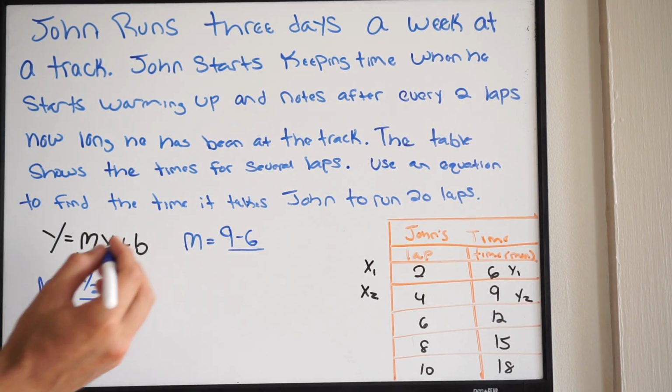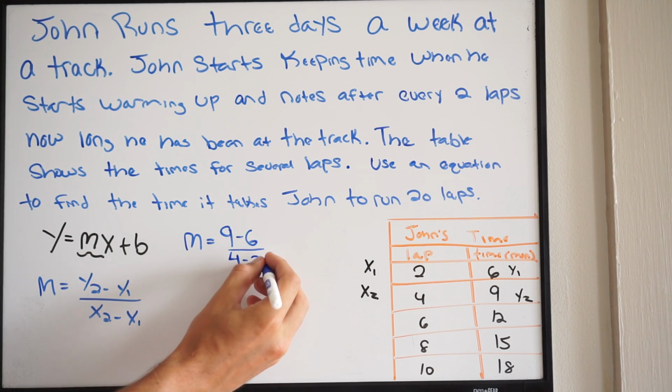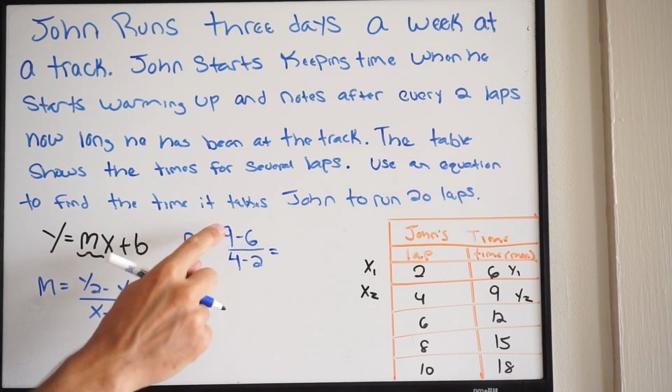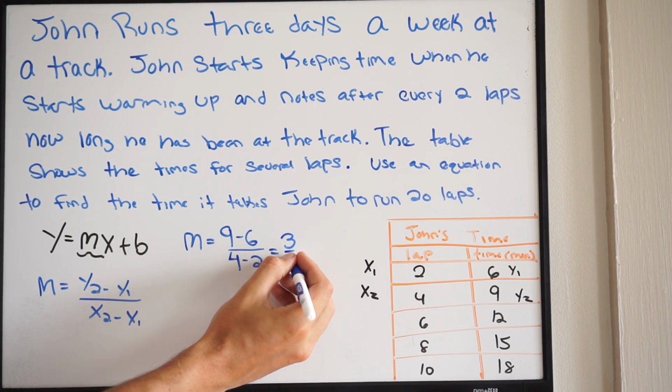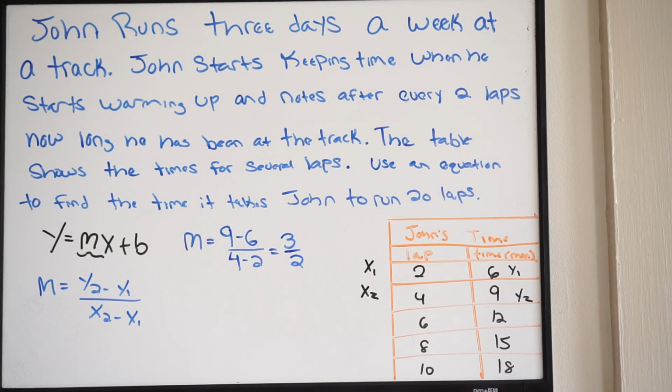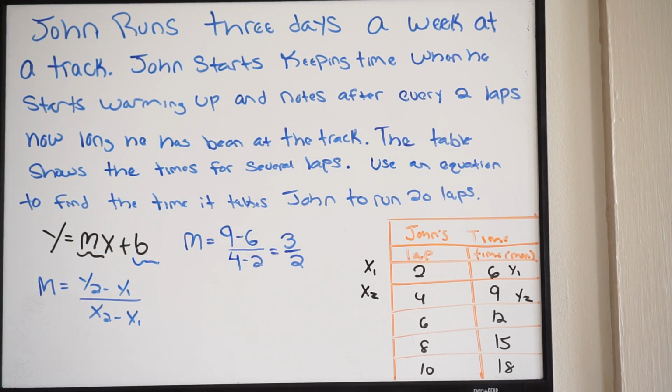X2 here is going to be 4, and x1 is going to be 2, so minus 2. When we do this, we get 9 minus 6, which is 3, and then 4 minus 2, which is 2. So our slope here is going to be 3 over 2. However, we're not done yet. We still need to find this unknown right here, our b value, or where it's crossing the y-intercept.